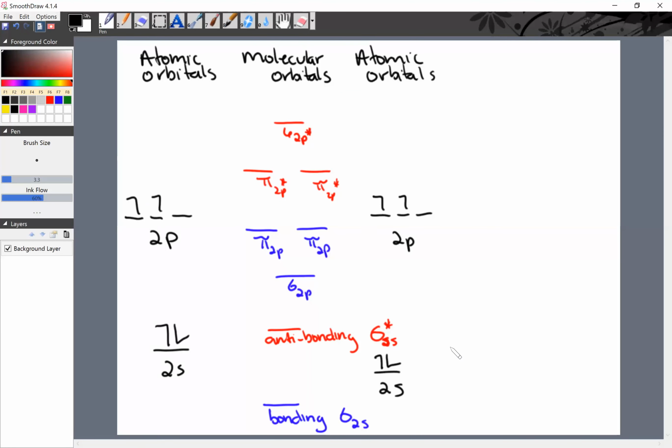Okay. In order to bond, that is a S, and this one is an S. You can either have a good combination or they can come together, I guess for want of a better word, in a bad combination. Okay, so that's called a node.